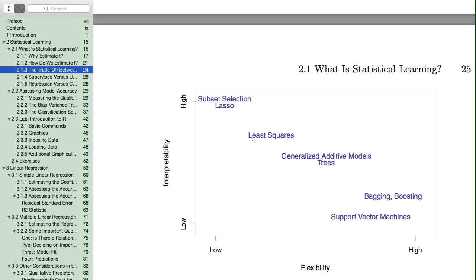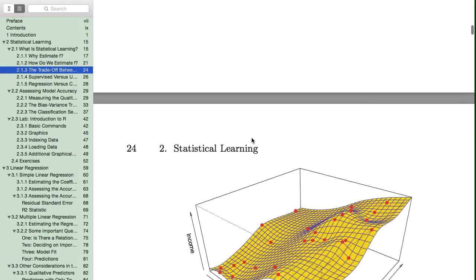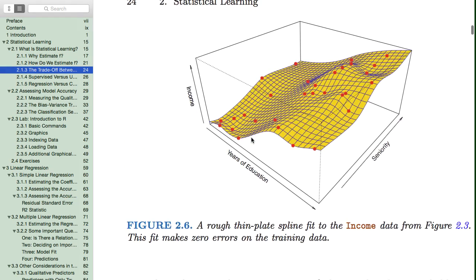So the number of shapes that we can portray with ordinary least squares are quite limited compared to the thin plate spline here. We have many, many shapes that we can use to fit to this data using this method, but it's very difficult to explain this shape. It's very difficult to talk about this shape. It's very difficult to make predictions.